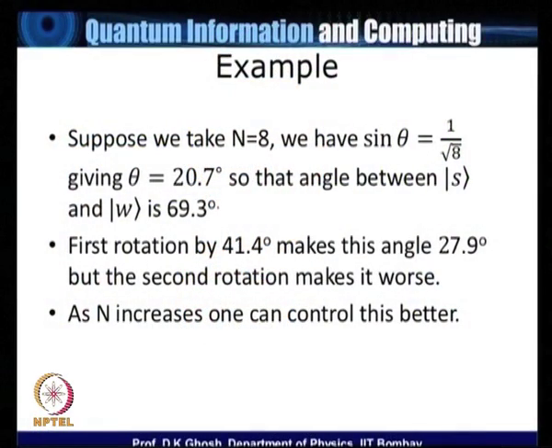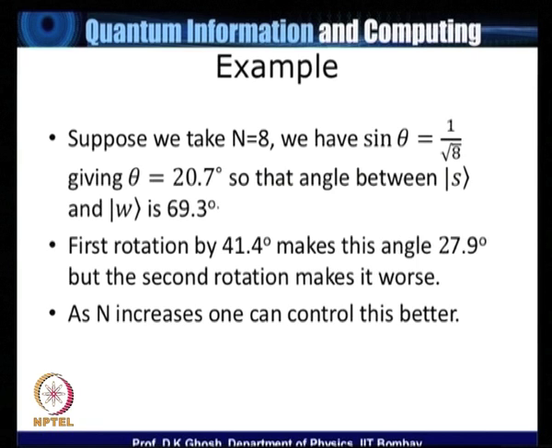A single rotation will rotate it by 2 theta, 42 degrees approximately. It's actually 20.7, so it is 41.4, but it doesn't matter, I'm just giving you approximate ideas. So the first rotation will make this angle 17 degrees. In other words, it has decreased a bit. But if you do a second rotation, it will make it worse.